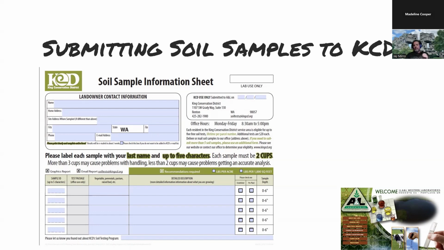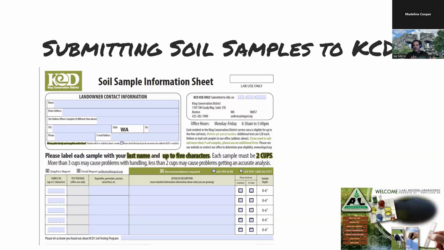It's really important to put the fewest number of crops. If you're raising grass, that's pretty easy, lawn grass. If you put something like blueberries, raspberries, strawberries, and lettuce, that confuses the lab. The nutrient requirements for blueberries and lettuce are probably pretty different.